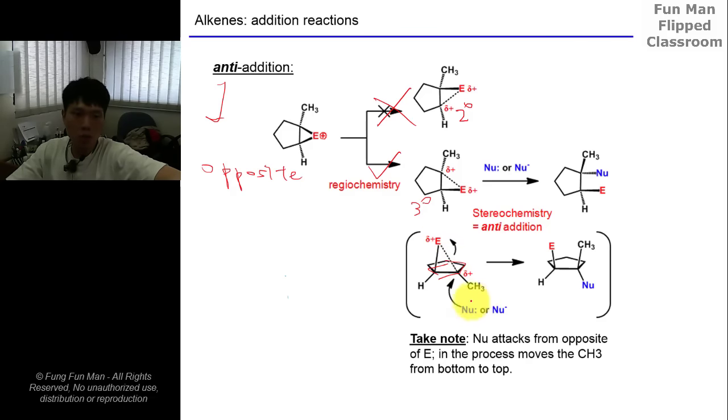The next step is your nucleophile coming in from the bottom right because you want to avoid this big electron cloud. So we know that it's going to attack this carbon here. But is it from here or from the bottom? The answer is it's from the bottom, because by this trajectory, it will avoid head-on collision with this electron cloud.